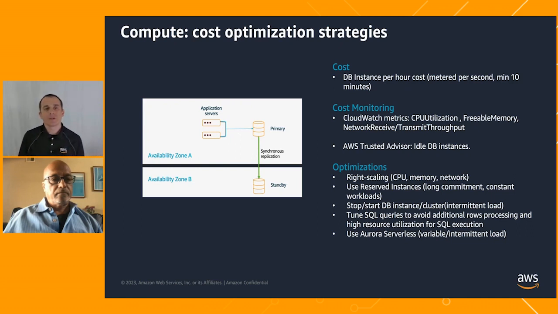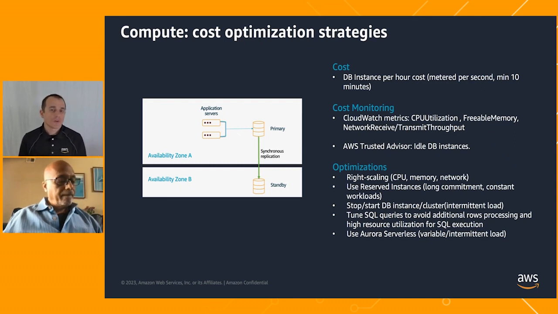Now, when I was helping customers cost optimize, I usually found a couple of databases that had intermittent load. These were used only at certain times of the day or maybe only at certain times of the week. Maybe it's a payroll system that only runs once a month or every 2 weeks, depending on the pay schedule, right? Consider stopping and starting back up such databases only when they are needed.